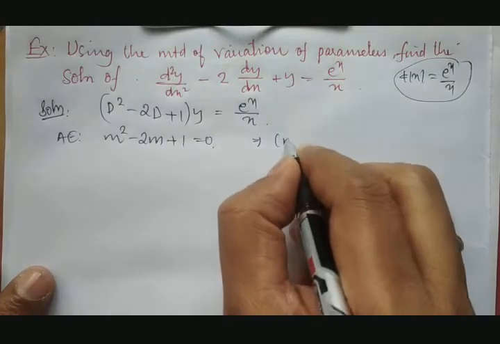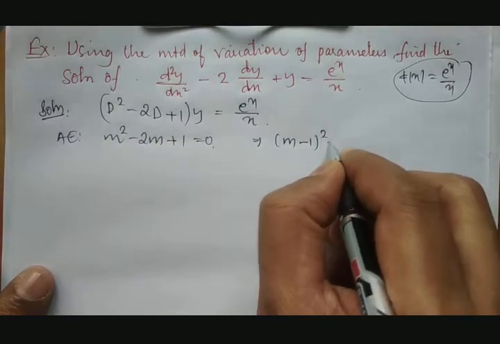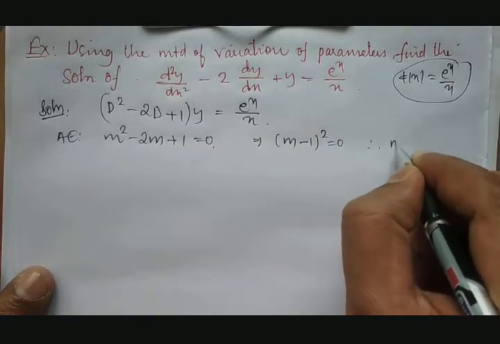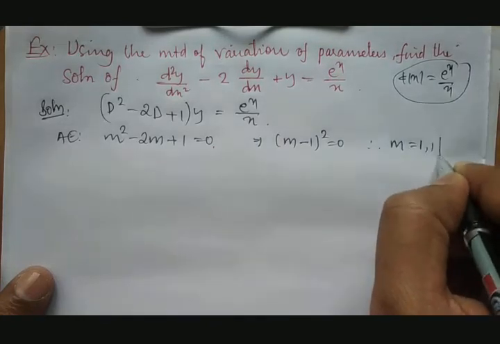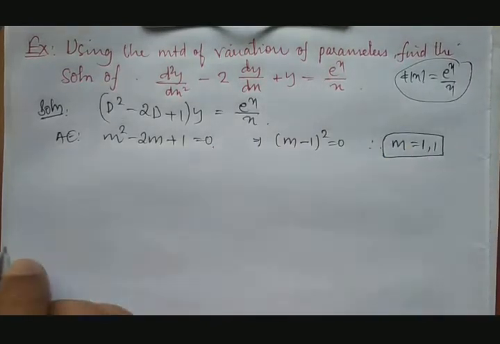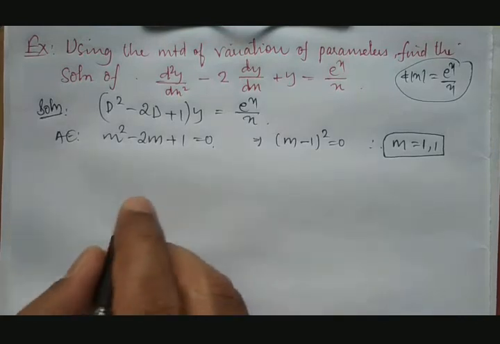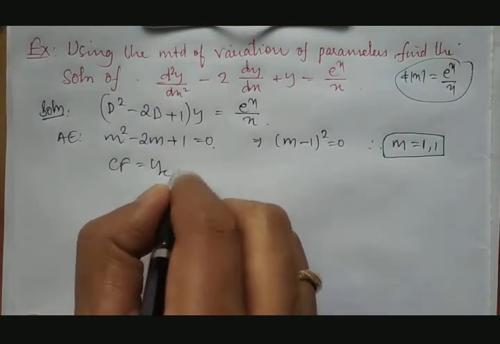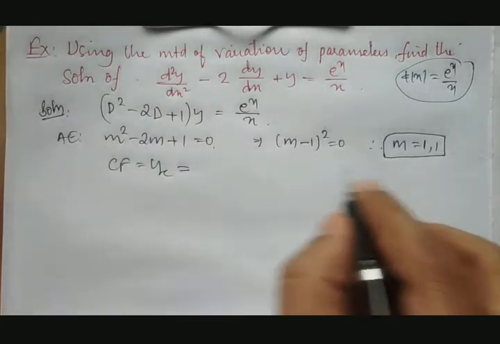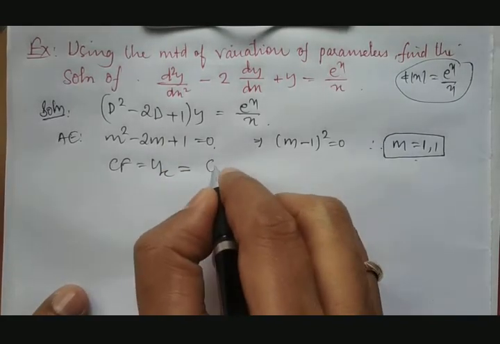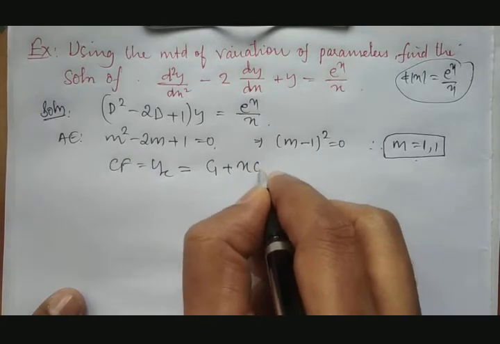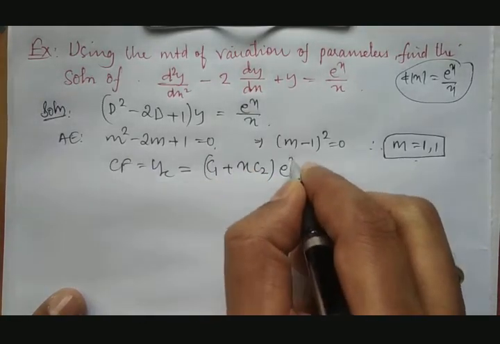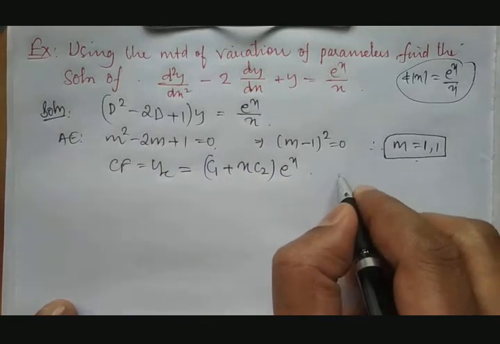Therefore this can be written as (m minus 1) whole square equal to 0, so m is equal to 1 and 1. Roots are real and repeated. Therefore the complementary function yc, as per the repeated roots, is (c1 plus x c2) e raised to x.